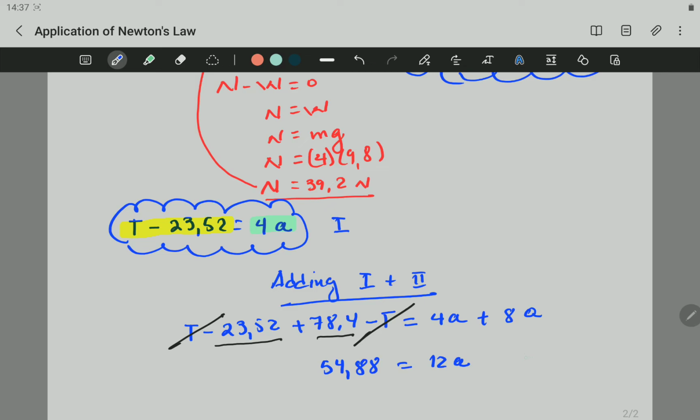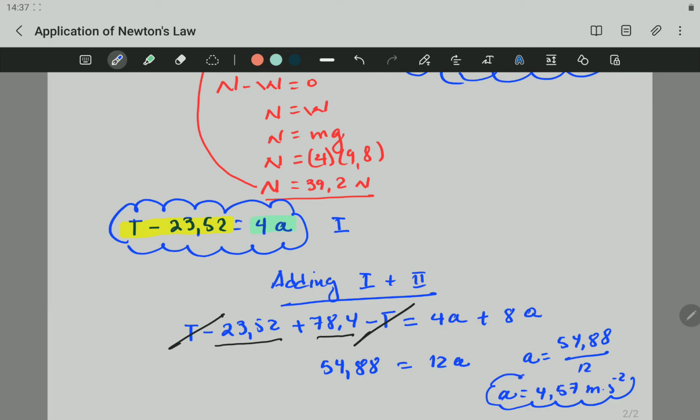So a is equal to 54.88 divided by 12, and that gives me the acceleration, which is going to be 4.57 meters per second squared.